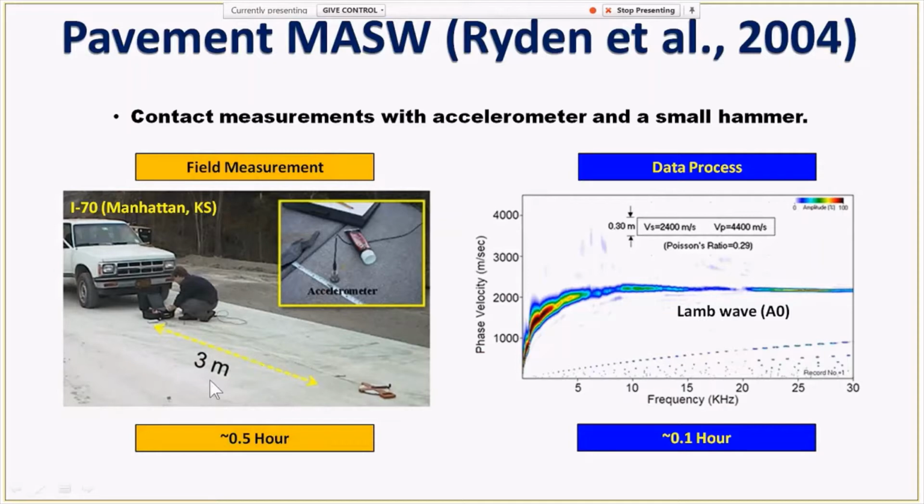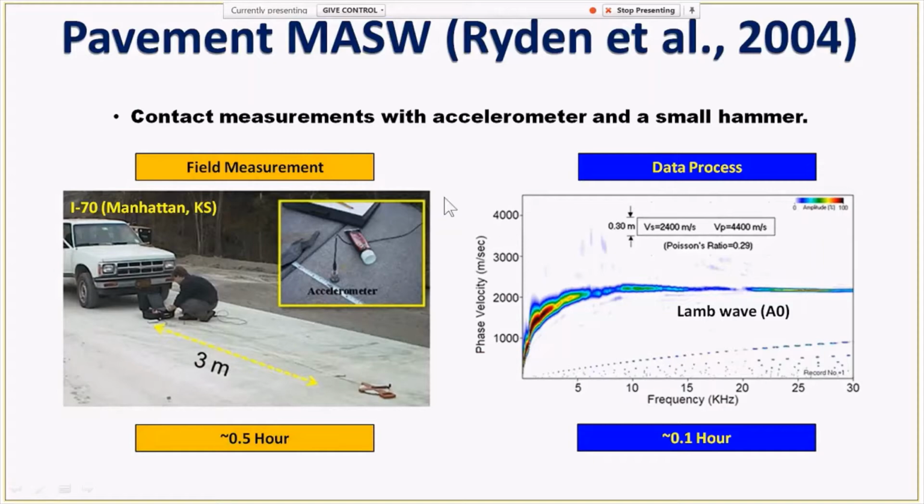For example, to finish a measurement for one location, it took at least half an hour, and then there had to be 10 or 20 minutes of data analysis time. And the main drawback at that time was that this receiver, the accelerometer, required good contact with the ground surface all the time.